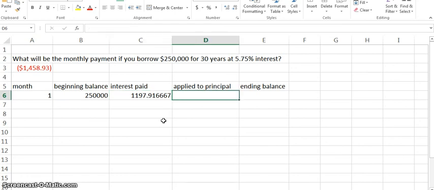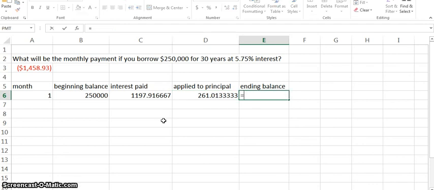Now if we think about how much should be applied to principal, that's going to equal $1,458.93, just like we did before, minus the amount of interest paid. We probably should round that to the nearest cent, but I'm not going to ask you to do that. And then the ending balance is going to be the beginning balance minus how much was applied to principal.